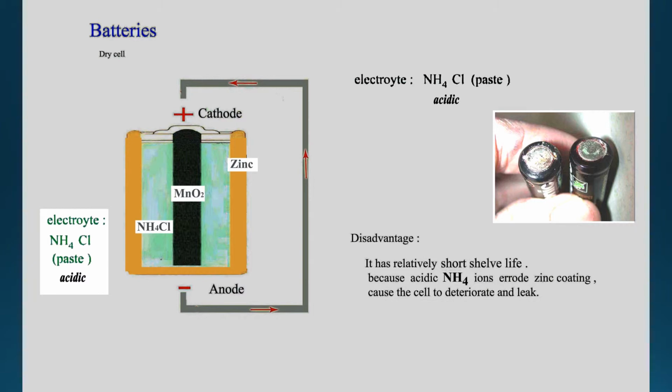Acid reacts with metal, forms metal oxide or salt, and this will cause the cell to deteriorate and leak. You might say the battery is not expensive, but if you put it into your camera and it leaks, your camera will be damaged. So they only use this type of battery for something cheaper like a torch or simple toy.